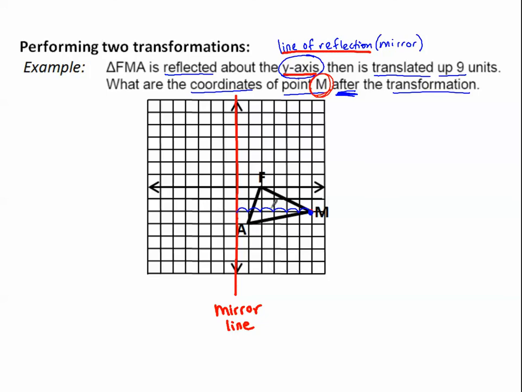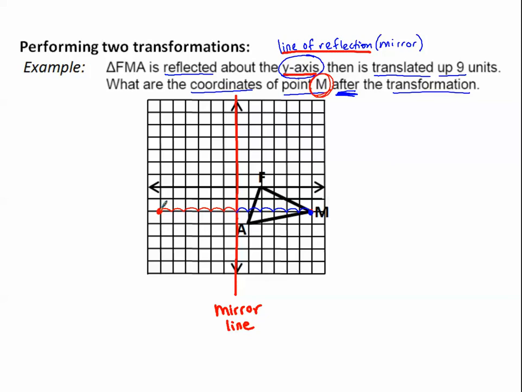So notice that was 6 that I had to go in this direction away from the line. So I'm going to go in the exact opposite direction. Point M is 6 units to the right, so I'm going to go in the other direction 6 units to the left. 1, 2, 3, 4, 5, 6. And that's where point M prime is first located.